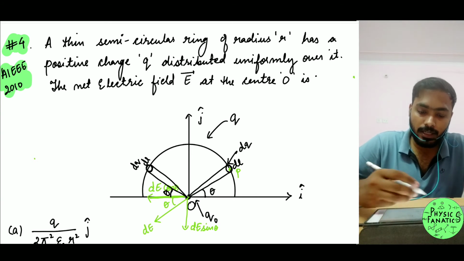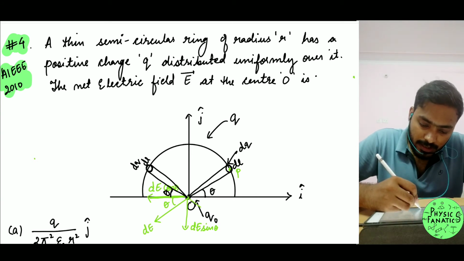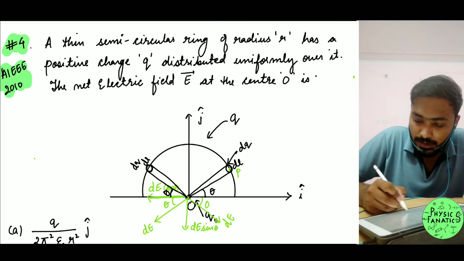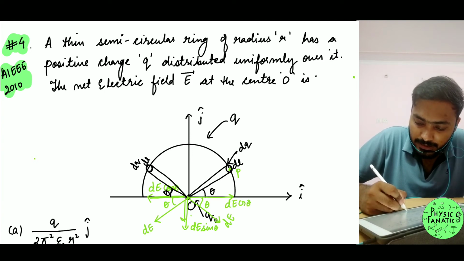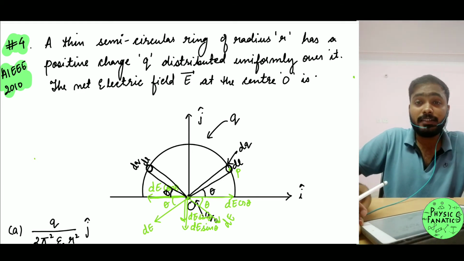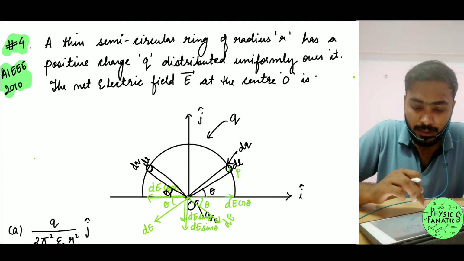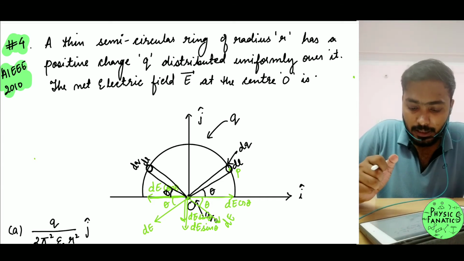So the test charge will experience a dE in that direction, and again this angle will be theta. That means dE will also have 2 components, dE cos theta and dE sin theta, in the same direction. And you can do it for each and every part of the semicircle.